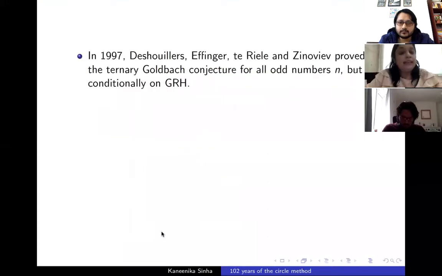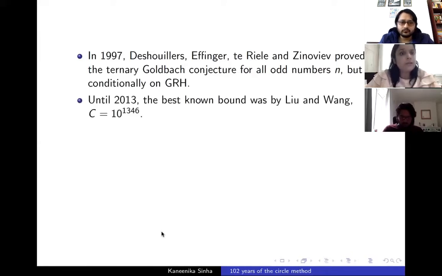In 1997, Deshouillers, Effinger, te Riele, and Zinoviev proved the ternary Goldbach conjecture for all odd numbers n, but the limitation was that their result was conditional on the generalized Riemann hypothesis. So until 2013, the best known unconditional bound was by Liu and Wang, which was 10 raised to the 1346.